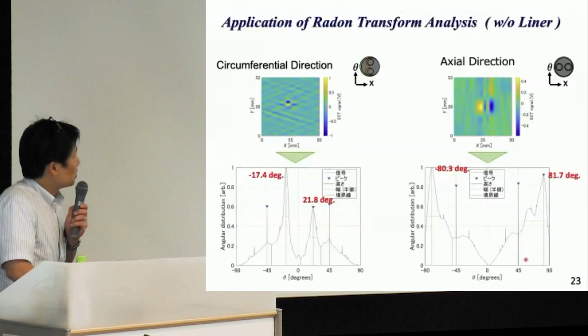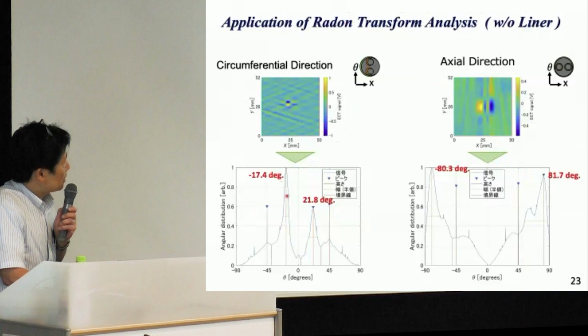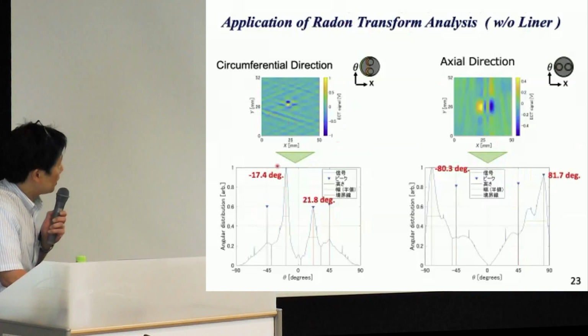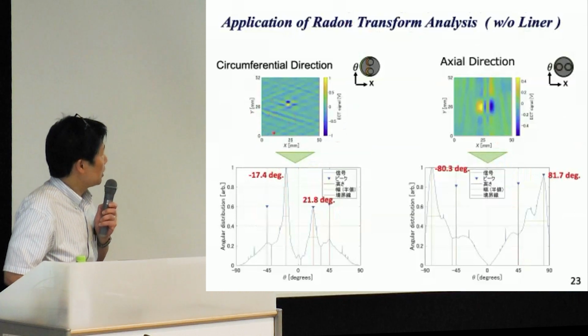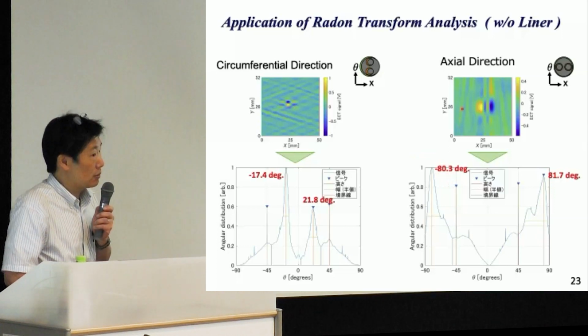In addition, we apply Radon transform analysis. Here we can read the fiber angle of the winding direction of the fiber bundle for the innermost layer, and we can also identify the angle of the fiber bundle in the second layer.